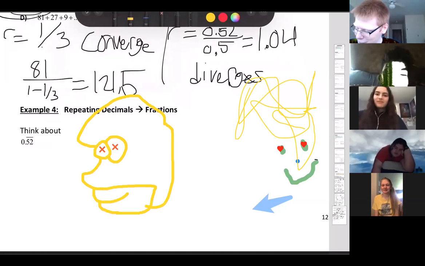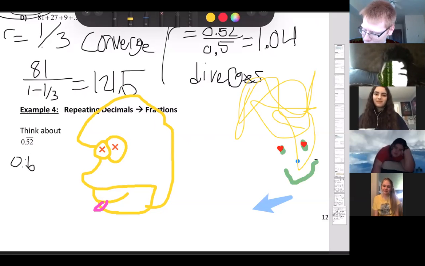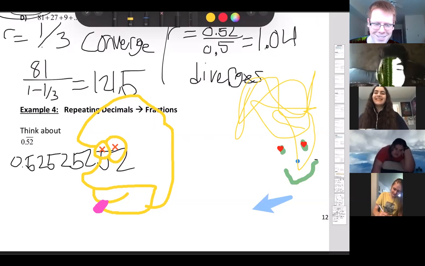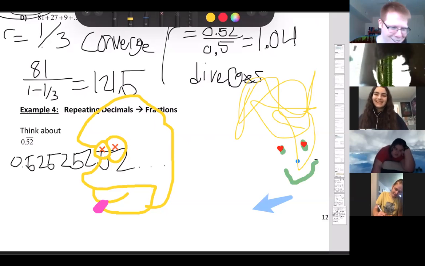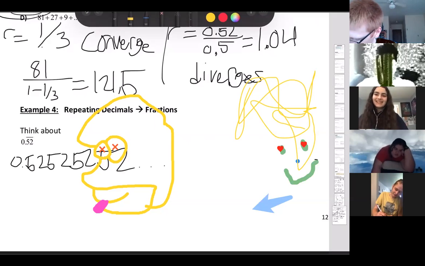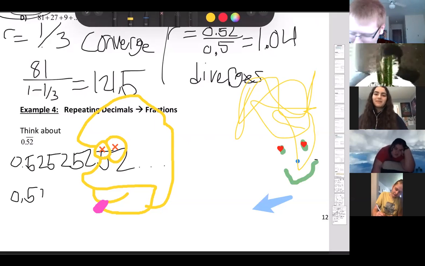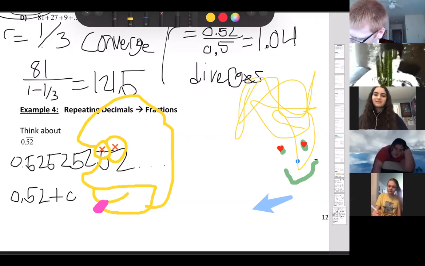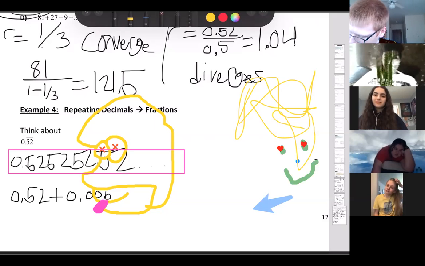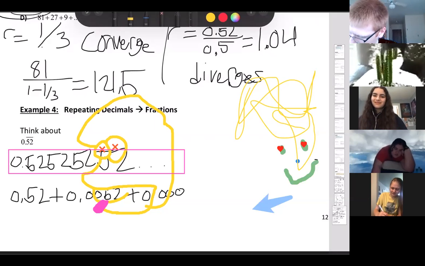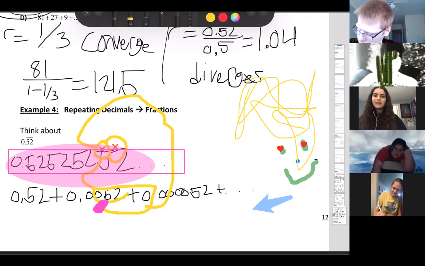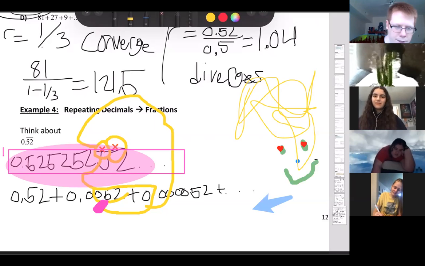So let's say we have a repeating decimal and we want to change it into a fraction. Well, another way you could write this is to write it as a geometric series.